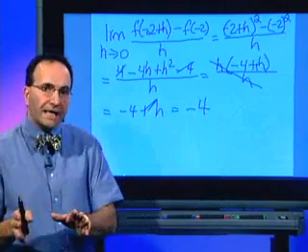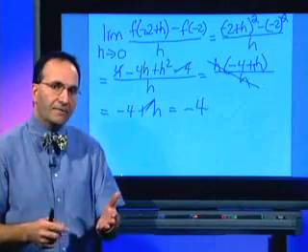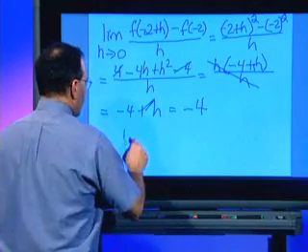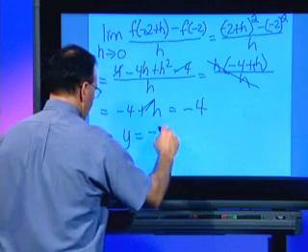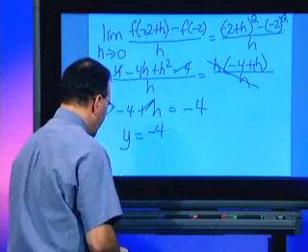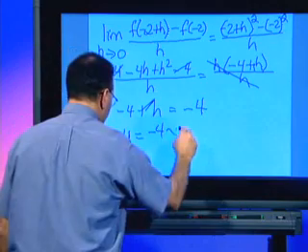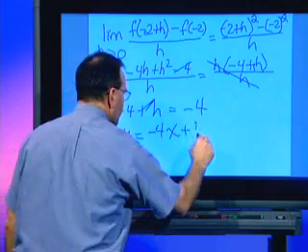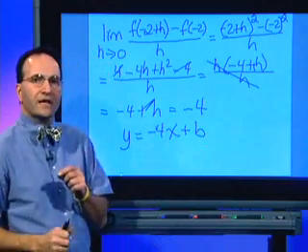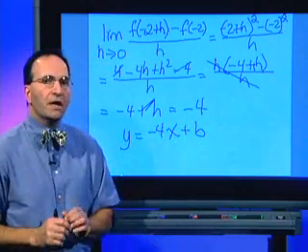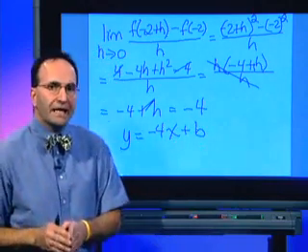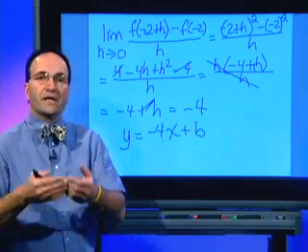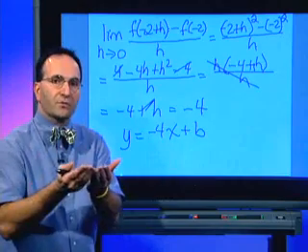So the equation for the tangent line would be y equals -4 times x plus, of course, we don't know what the y-intercept is. But what we do know is that when x is equal to -2, y would be equal to 4 because the function is y equals x squared.